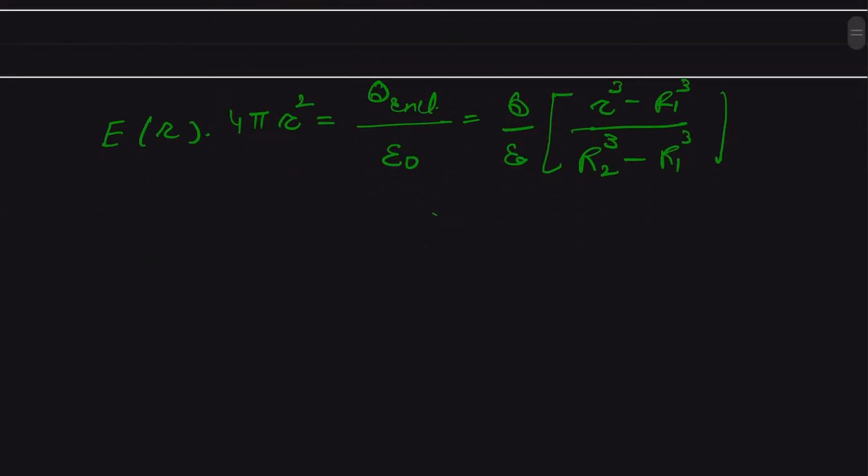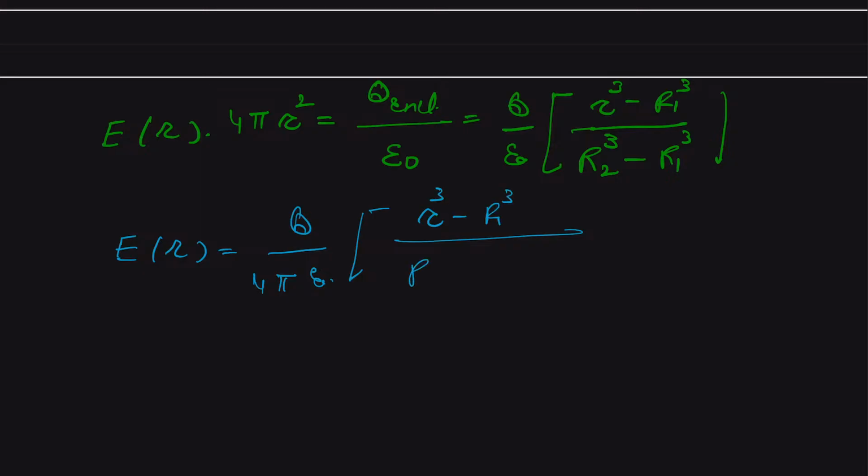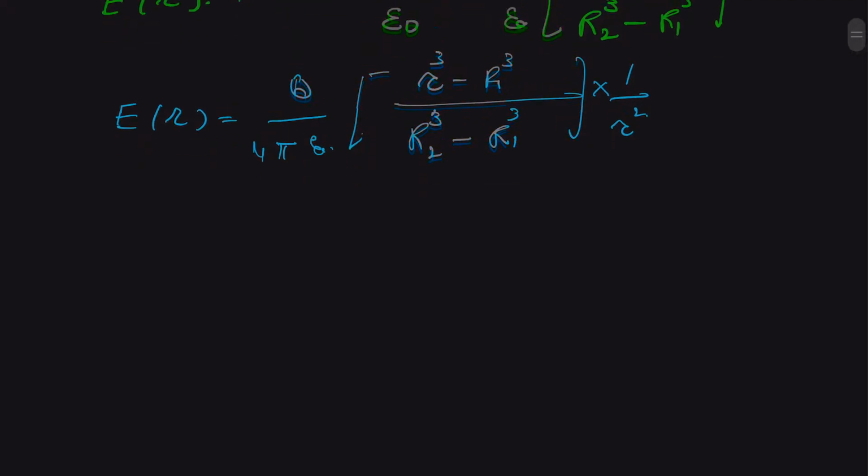Therefore we get that the value of electric field will be equal to Q upon 4 pi epsilon naught, times (r cube minus r1 cube) over (r2 cube minus r1 cube), times 1 upon r square. So this is the value of electric field in region number 2. Now we come to our region number 3.